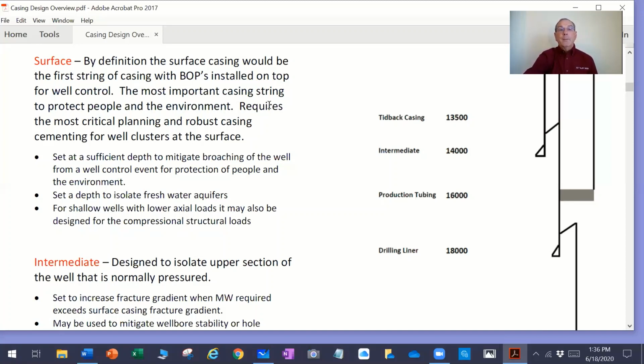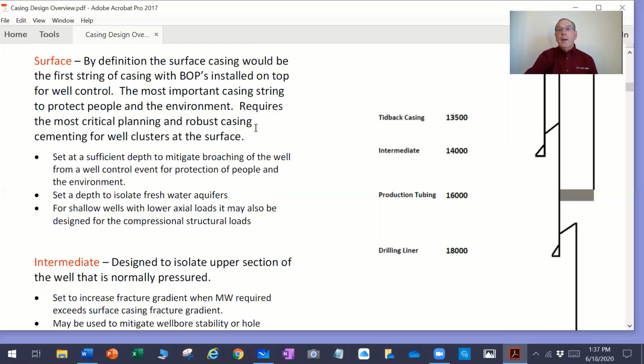It requires the most critical planning and robust casing cementing for well clusters at the surface. If you think about the fact that you're doing pad drilling, either offshore or onshore, where you're drilling, say, 8 to 12 wells at the same surface location, the integrity of your surface casing is only going to be as good as your weakest, I call it, cement job on any of the wells that you drill.